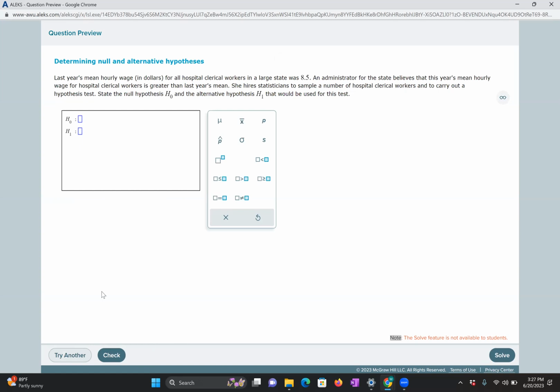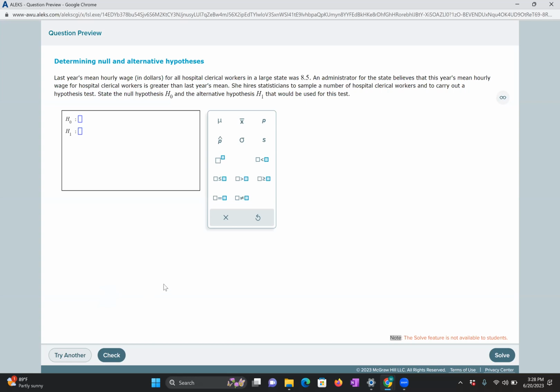Let's try another one. Okay, so last year's mean hourly wage in dollars for hospital clerical workers in a large state was 8.5. That's an average. The administrator of the state believes this year's mean hourly wage for the hospital clerical workers is greater than last year's.